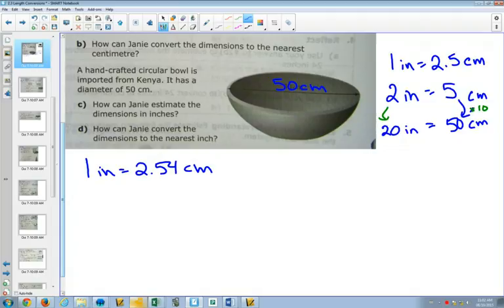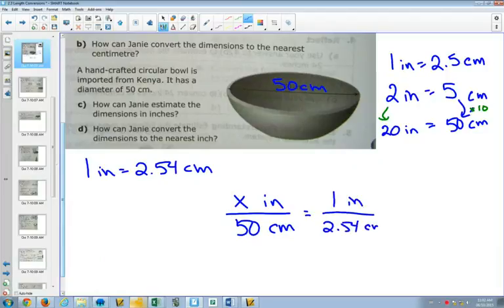Now, if we wanted to find it exactly, we could set up our proportion. I want to find out how many inches for 50 centimeters. So there's my proportion, and I know that 1 inch is 2.54 centimeters. Multiply both sides by 50, and we get 19.685.